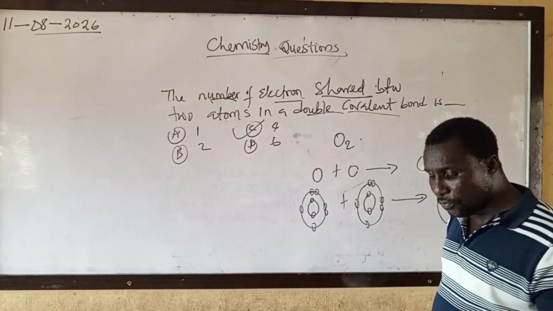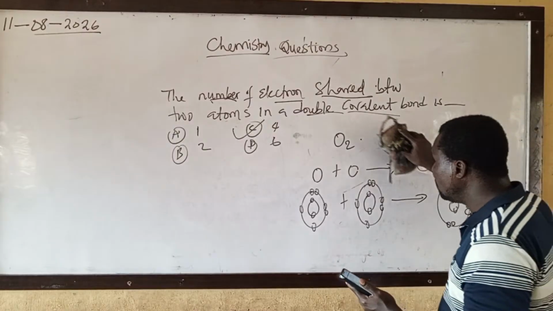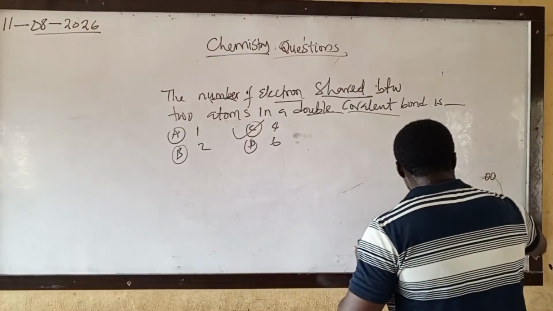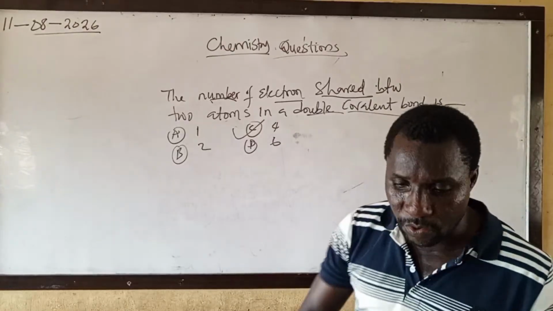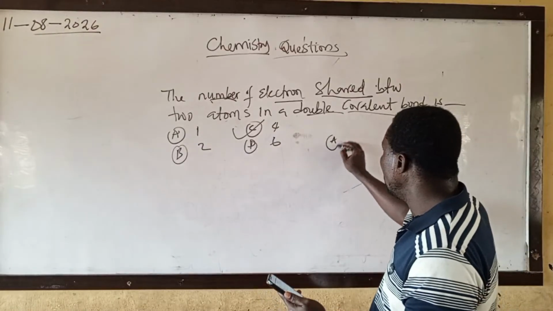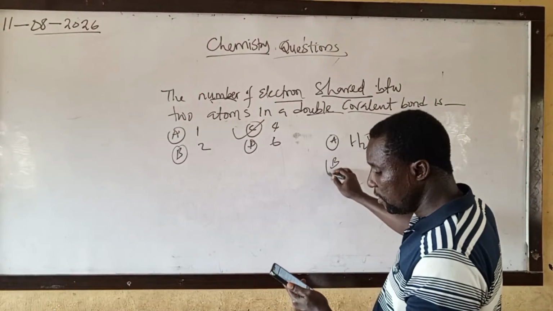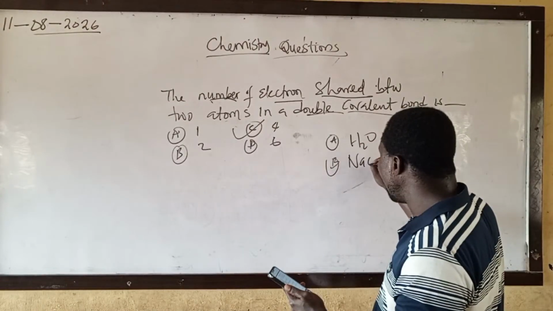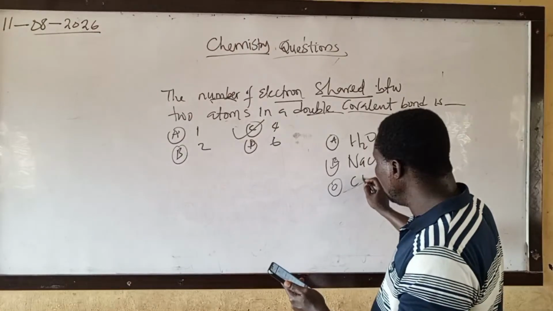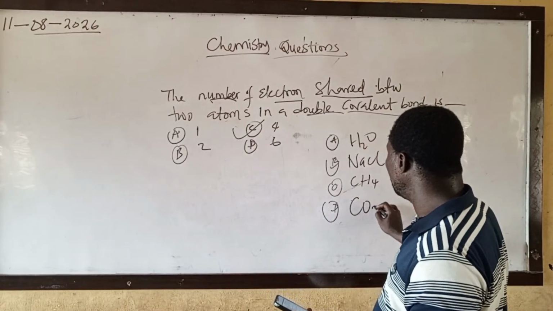Option A, H2O. Option B, sodium chloride. Option C, CH4. Option D, CO2.